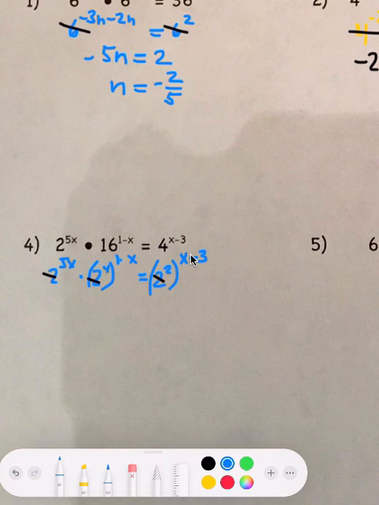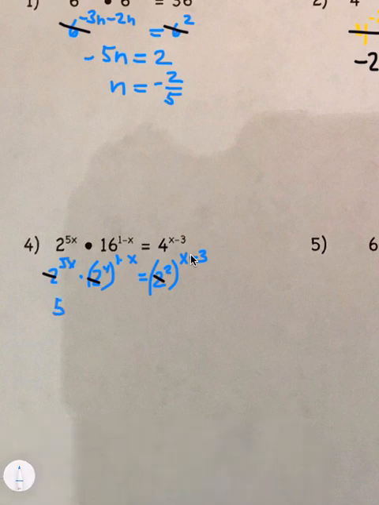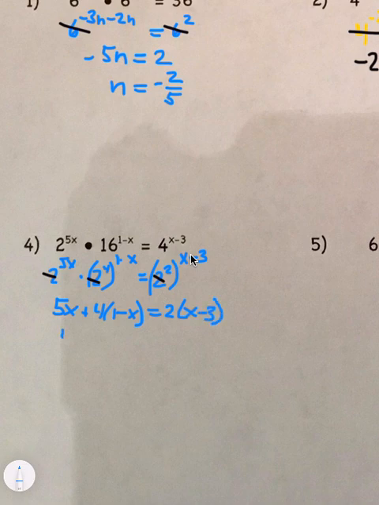And once we get all the same base, we can drop the bases. So over here we have 5x, and then we add them, plus 4 times 1 minus x equals 2 times x minus 3. So 5x plus 4 minus 4x equals 2x minus 6. And then we're just solving for x.